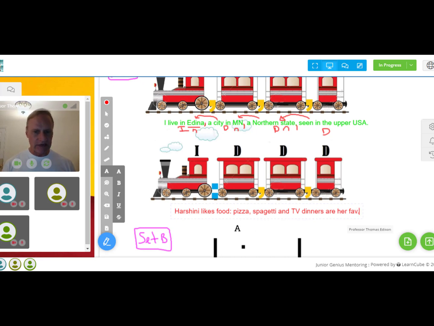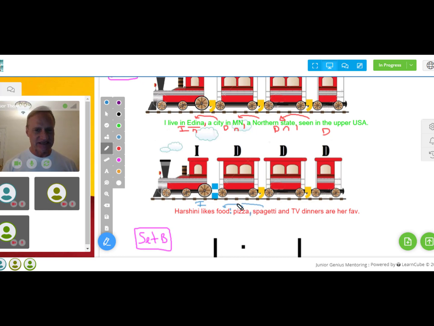Looking at this, you see that we've got a colon, but wait, I feel like this is really similar. If we highlight what comes before the colon, you see that "Harshini likes food" is an independent clause, and that's the train engine. And then the dependent clause, here's a comma. Dependent clauses define the word right before it. Food. Pizza is food. That's a mini definition of the food Harshini likes.